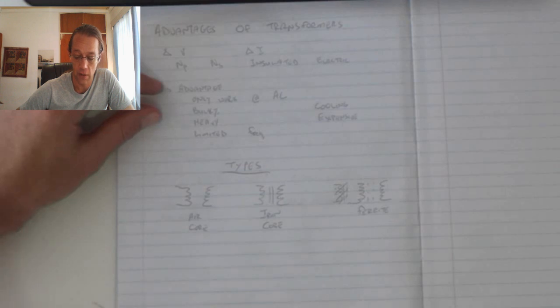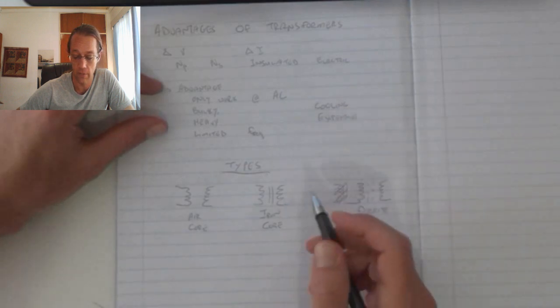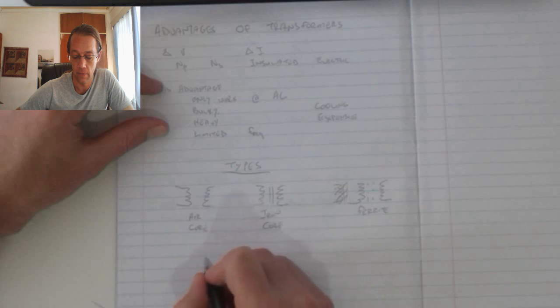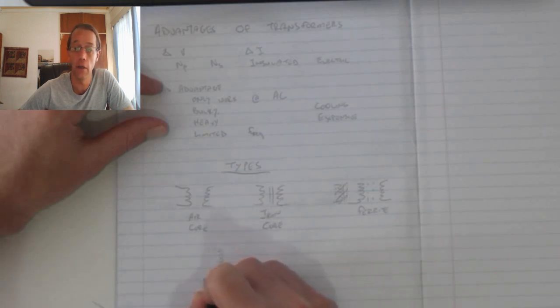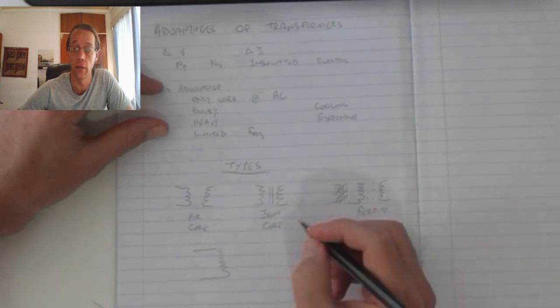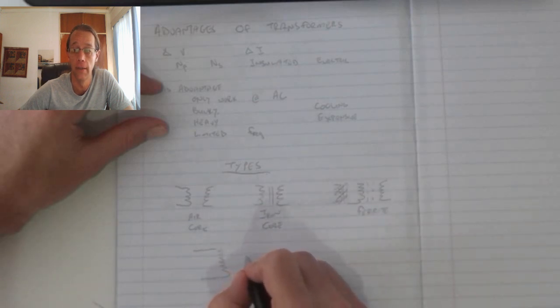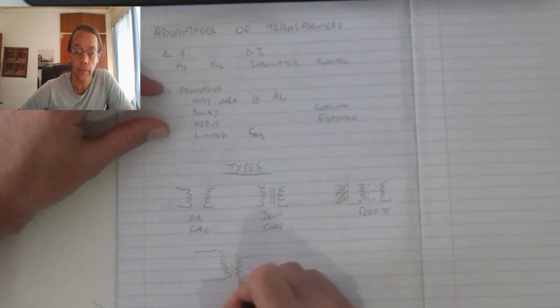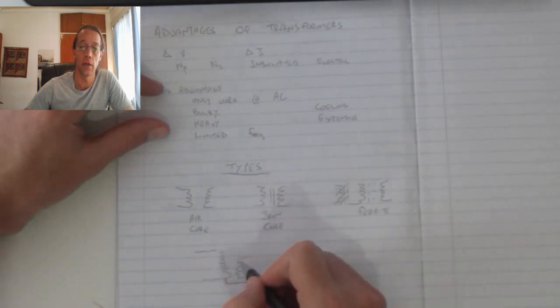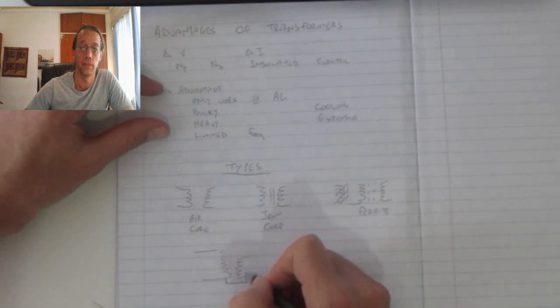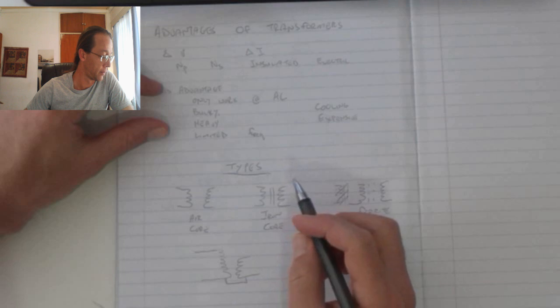When it comes to the auto transformer, what we basically look at is a situation where we've got one coil and we've got a second coil, but these two are connected together. Now basically what that causes is all these loops will induce a voltage into my secondary side.